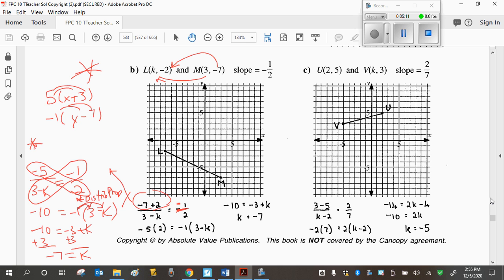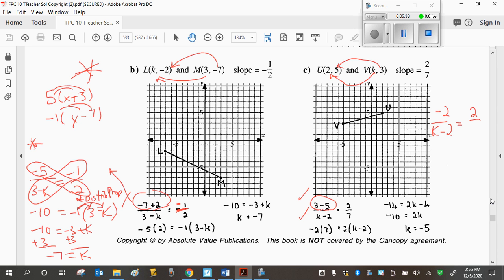Sweetness, what do they do here? Well, they do 2 steps at once again. So 3 subtract 5 goes on the top. K subtract 2 goes in the denominator, equals the slope they give you. And now I'm going to just simplify that first to get negative 2 over k subtract 2.